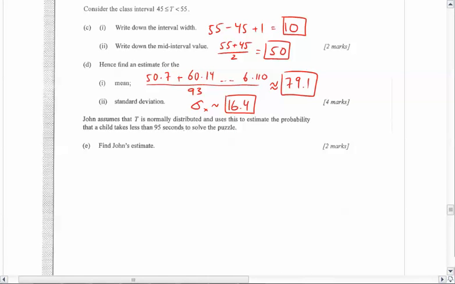Okay, now John assumes that t is normally distributed. Uses this to estimate the probability that a child takes less than 95 seconds. So I know that the mean is about 79.1. And so I want to know, what's the chance that you take less than 95 seconds to solve the puzzle?